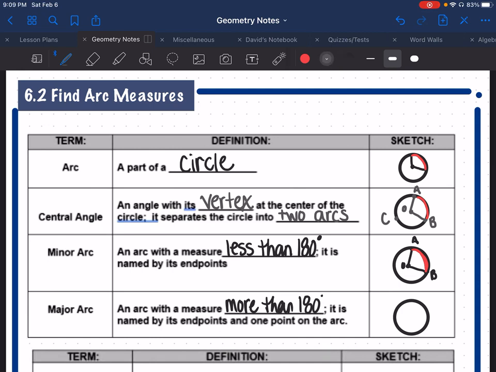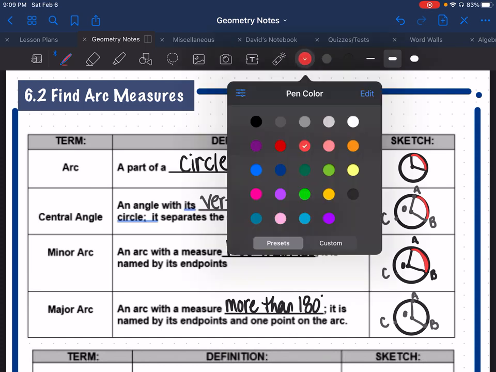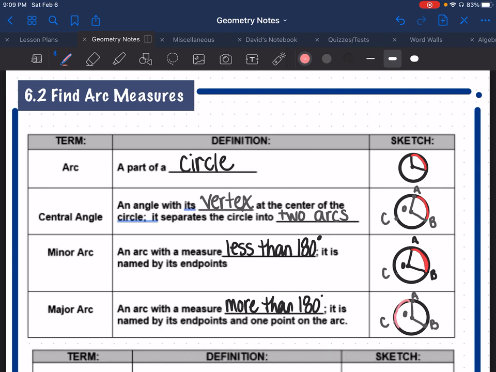So on both of these, let's put point C. So we've got A, our center at O, B, and then C. My major arc, let's make it a different color, is going to be this one right here, from A to C to B. If I were to name this arc, I would call it A, C, B, and I would go like this. And if I were to name my minor arc, I would simply call it A, B, and I would put my arc above it.